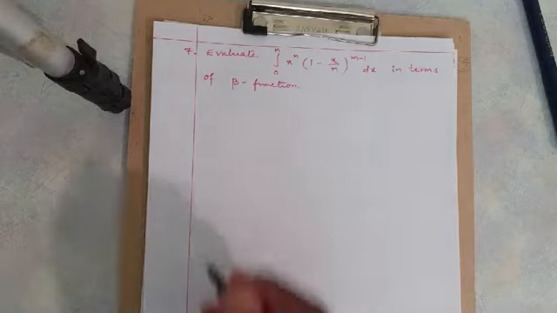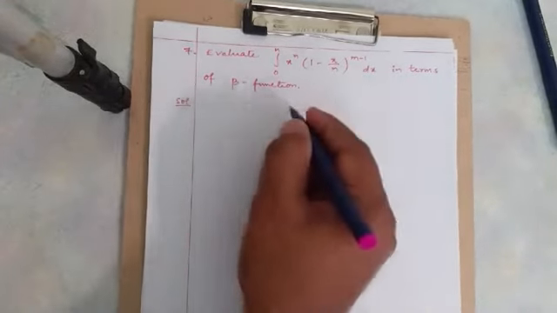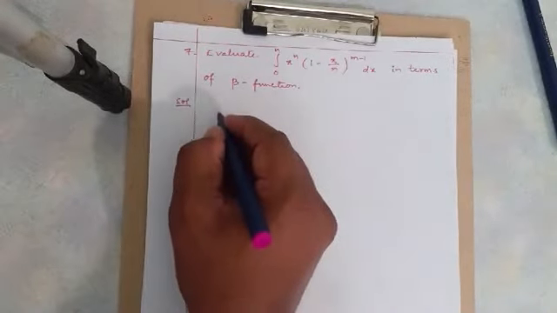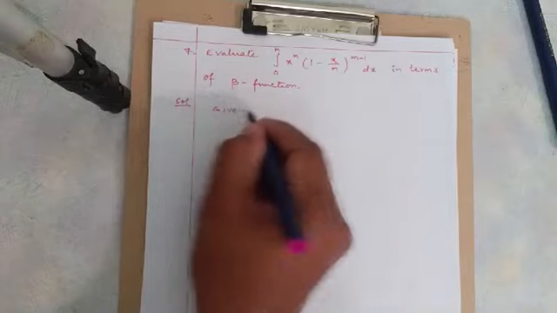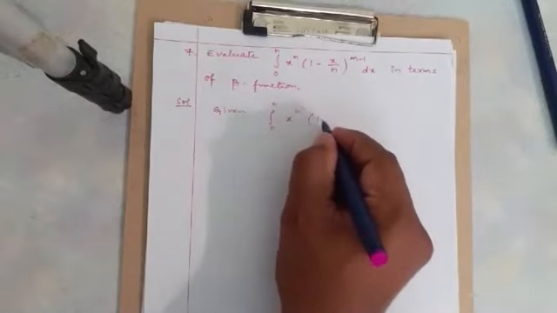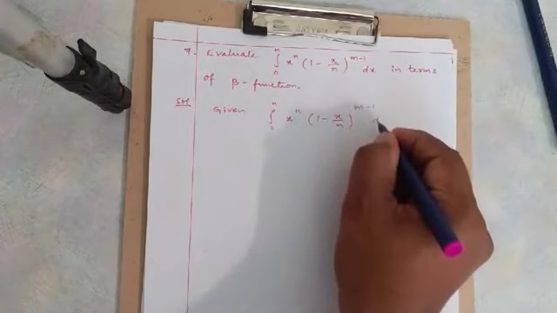Now let us do this problem. If a problem is given in this way, when it is asked in terms of the beta function, we write here: given integral 0 to n x power n into (1 minus x by n) whole power m minus 1 into dx.